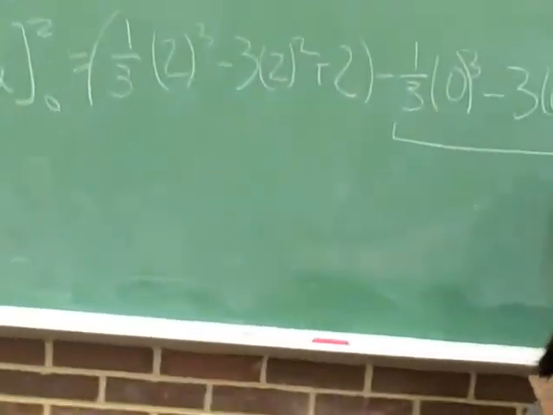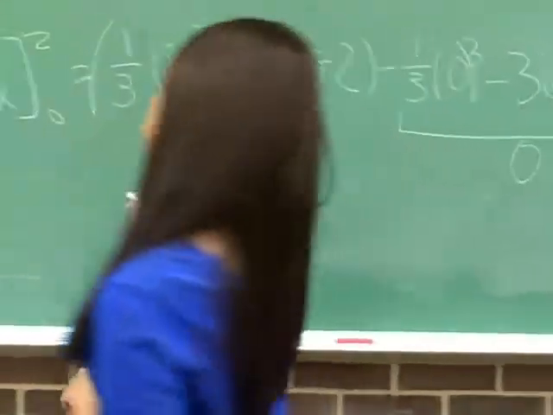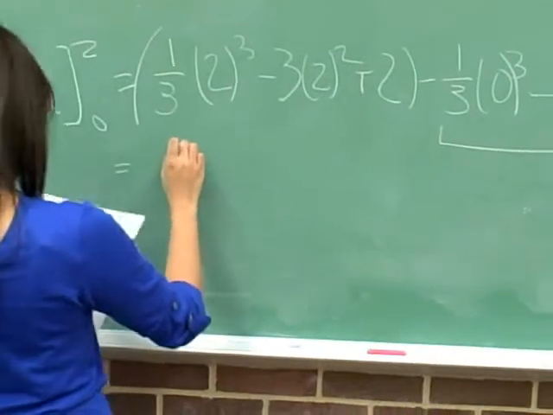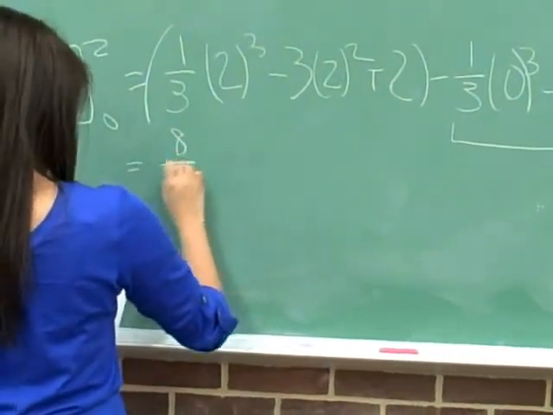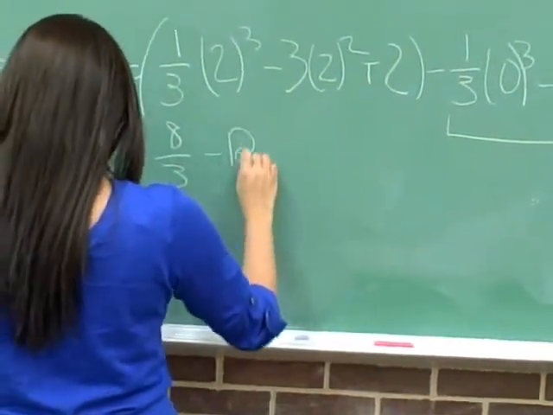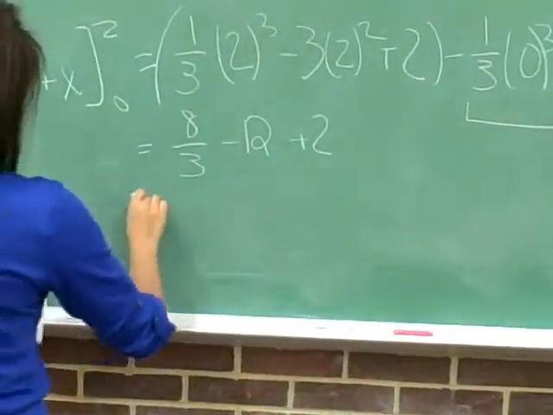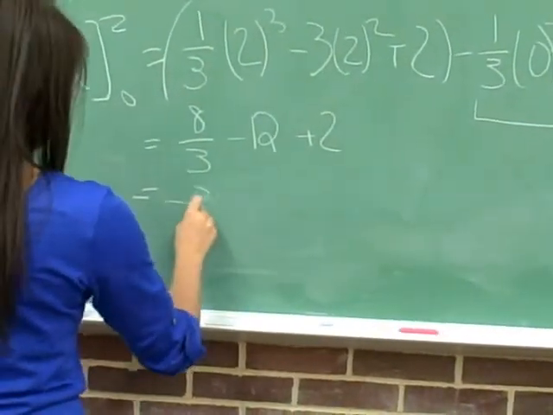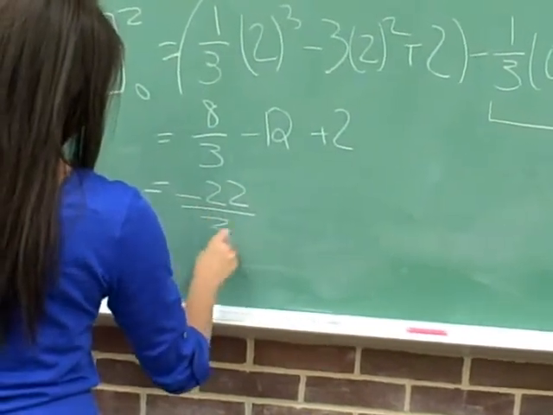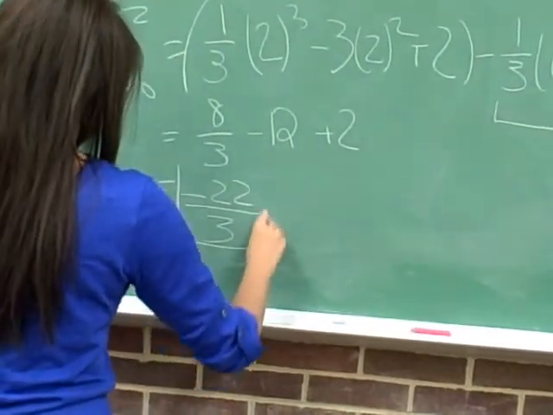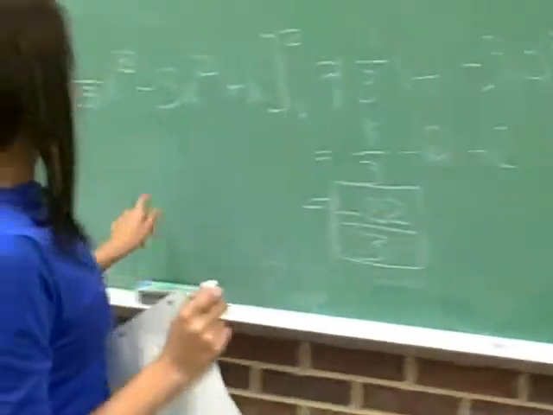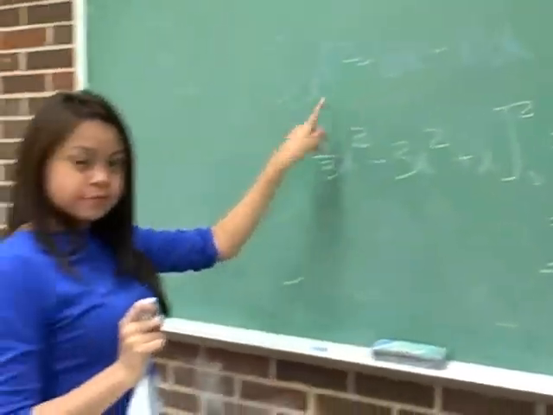All this turns to 0. So our answer here would be 8 over 3 minus 12 plus 2. So our answer is negative 22 over 3. And that's the answer to this integral.